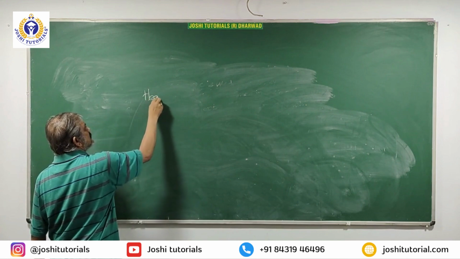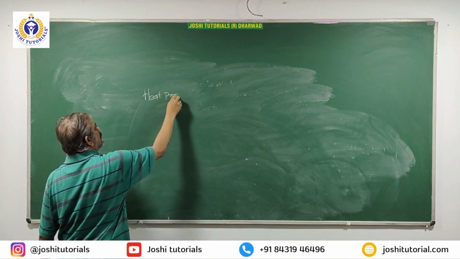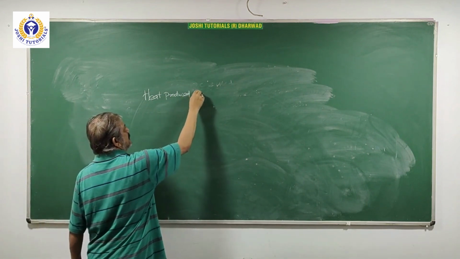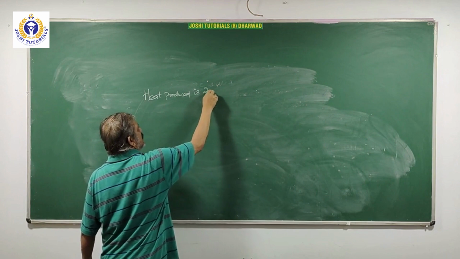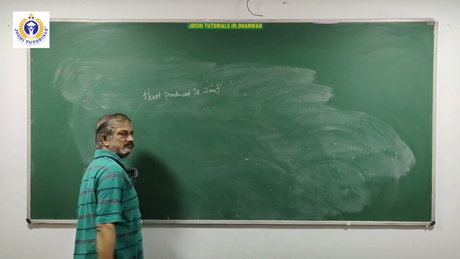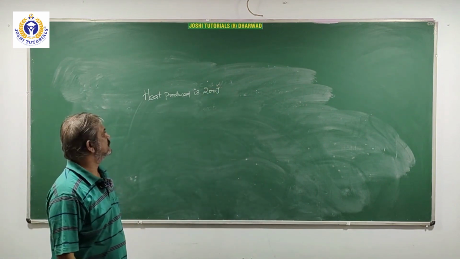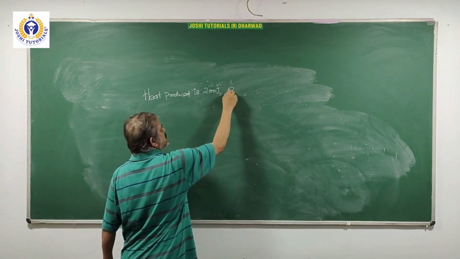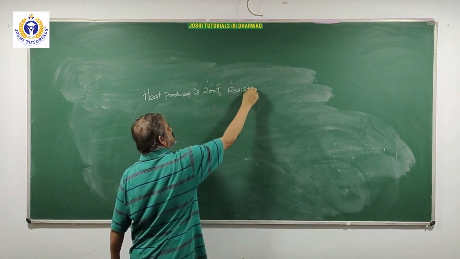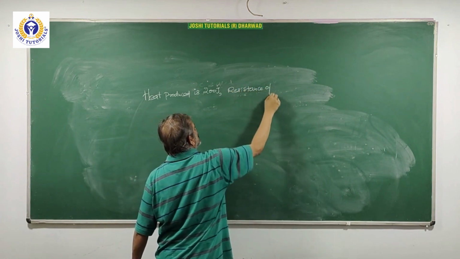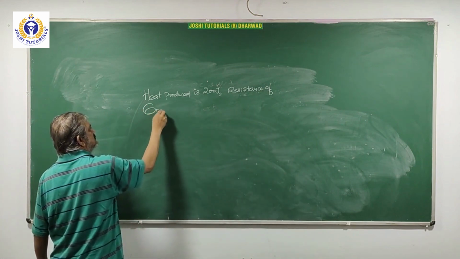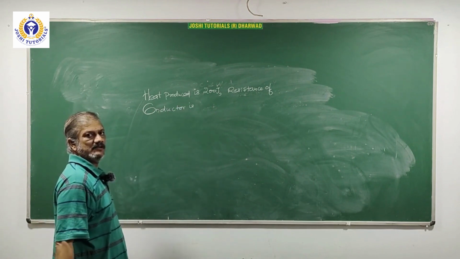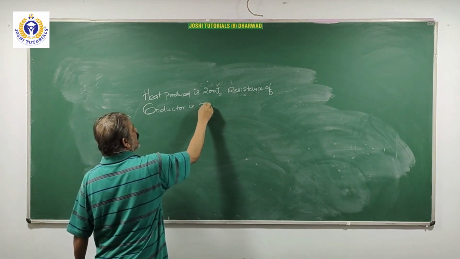Heat produced is, say, 200 joules. Resistance of conductor is, say, 50 ohms.